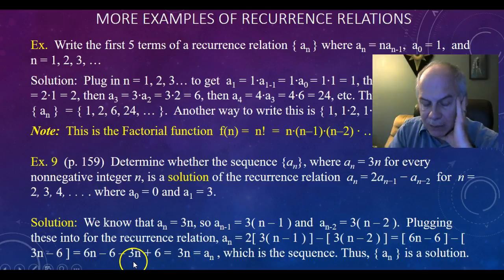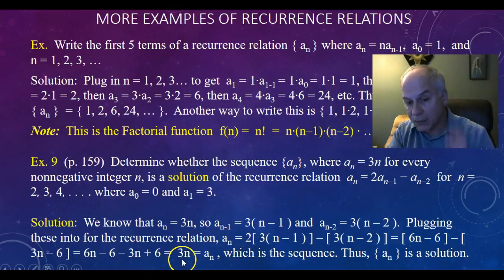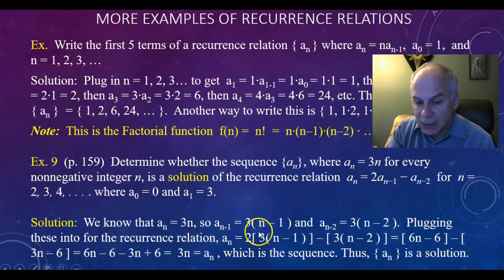6n minus 6 minus 3n plus 6, which all simplifies to 3n. So that shows that a sub n is equal to 3n. So we just got an explicit formula for a sub n by plugging it in there, and it does turn out to work.